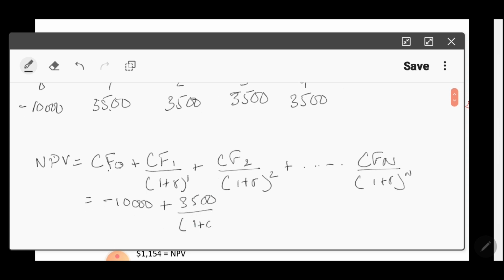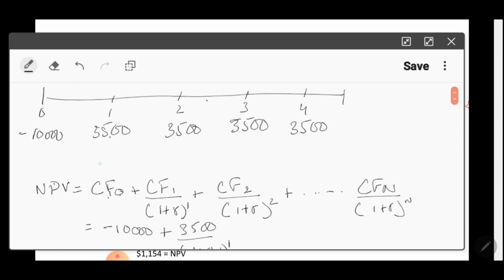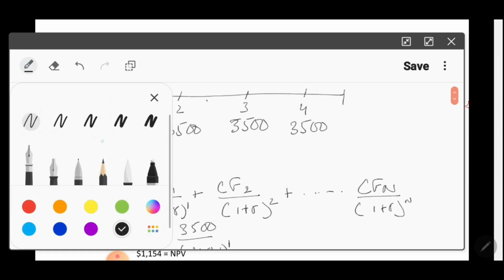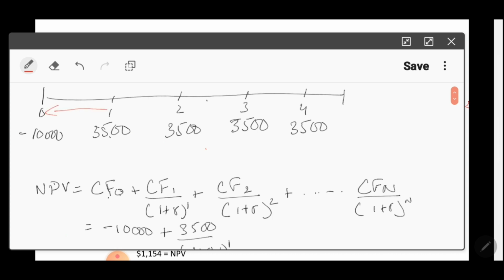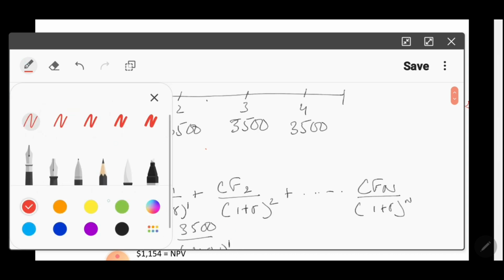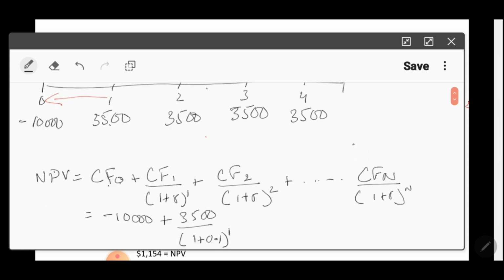Rate is 10%. And this will have power 1 because this is the first cash flow and this is coming back 1 year. So basically this cash flow is coming back 1 year. So that's why you have power 1 over here. Similarly, you will do it for the other cash flows as well.